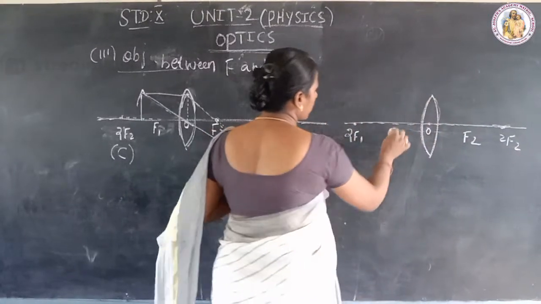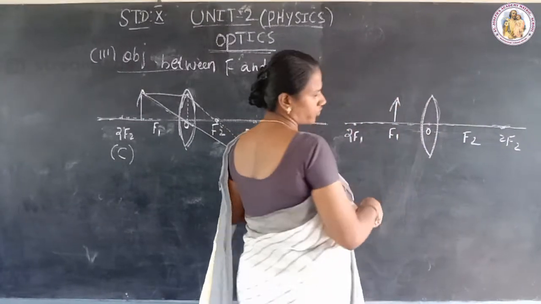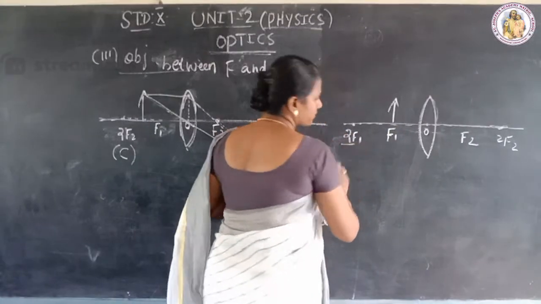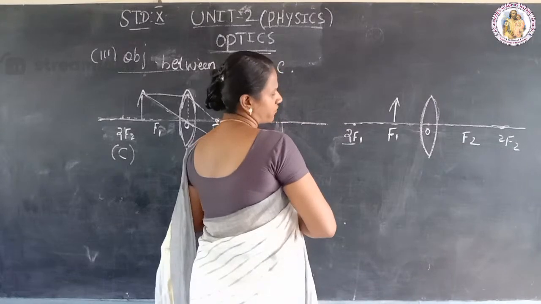This time I am going to keep the object at the principal focus. F is nothing but the principal focus, 2F is nothing but the center of curvature.